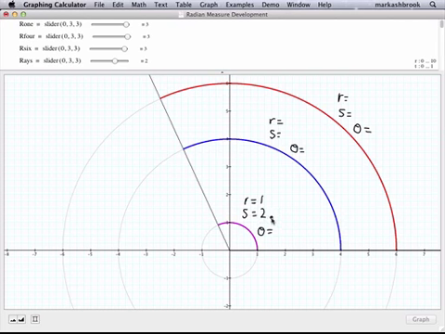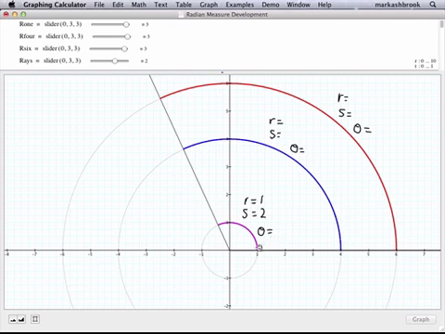How many radians is that? Mickey, did you get it?